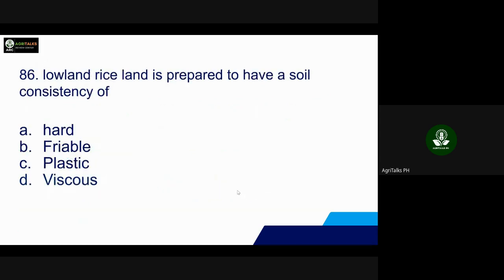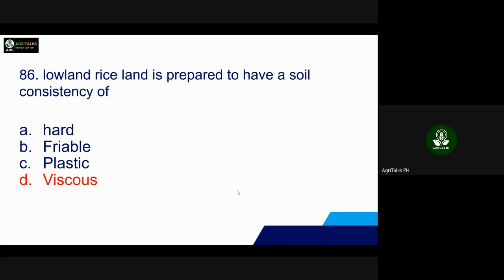86. Lowland rice land is prepared to have a soil consistency of, take note, lowland rice is again, piniprepare po siya na may water. So, ang consistency niya ay A, hard, B, friable, C, plastic, and D, viscous. The correct answer is letter D, viscous.